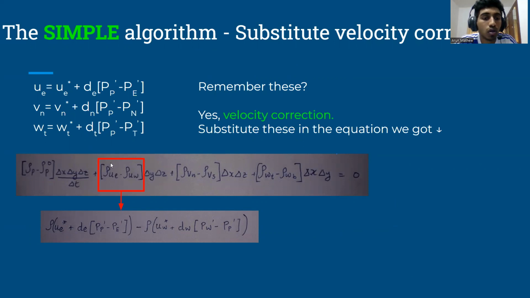Taking this term, we will substitute the value of ue as ue star plus dE into PP dash minus PE dash, and uw, as you can think, will be uw star plus dw into PW dash minus PP dash, which is shown here.